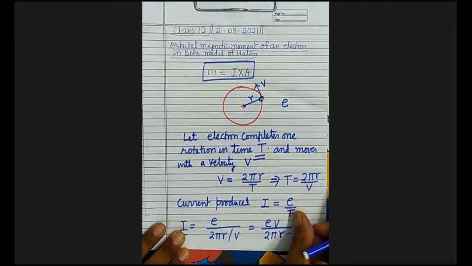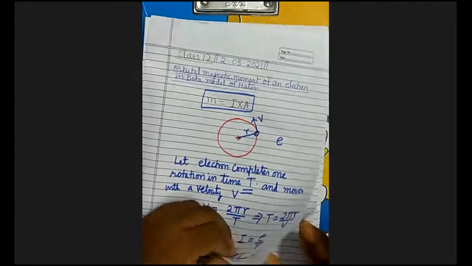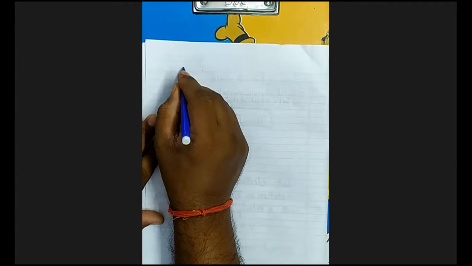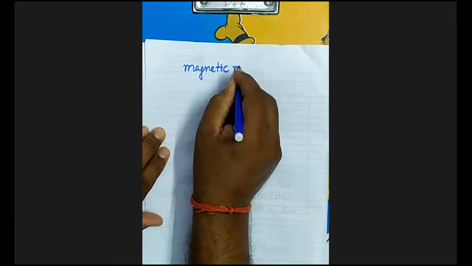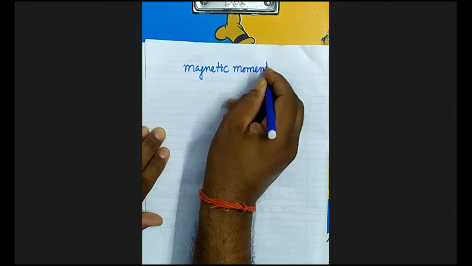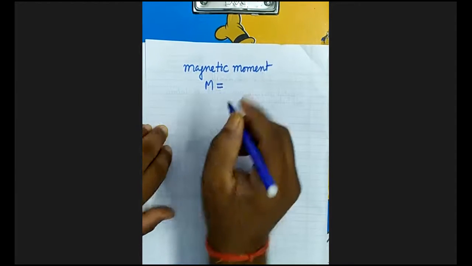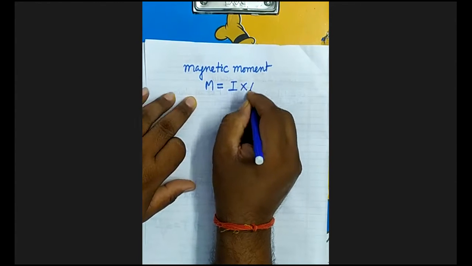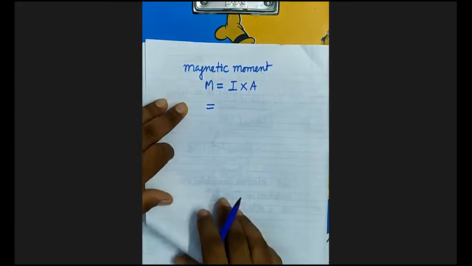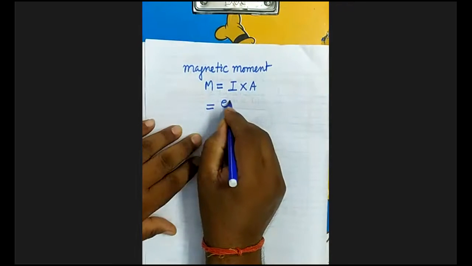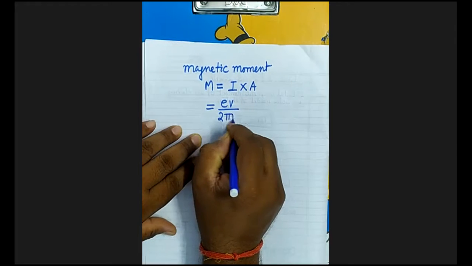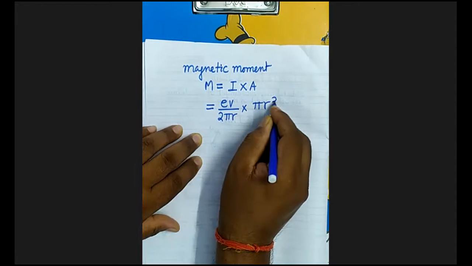So M equals I into A, where I equals e v upon 2 pi r and A equals pi r square.